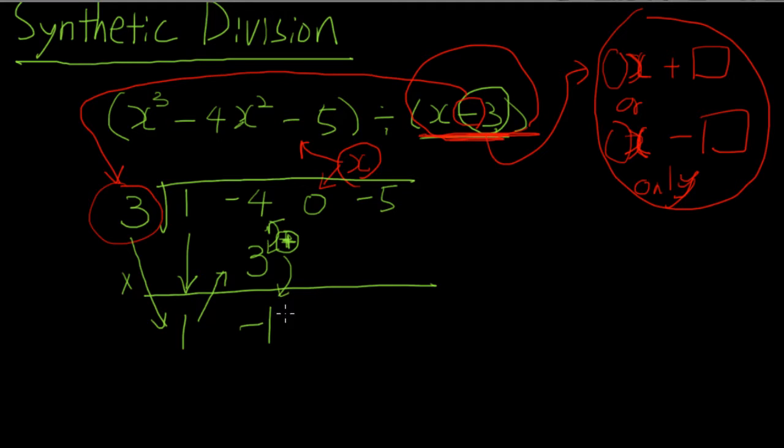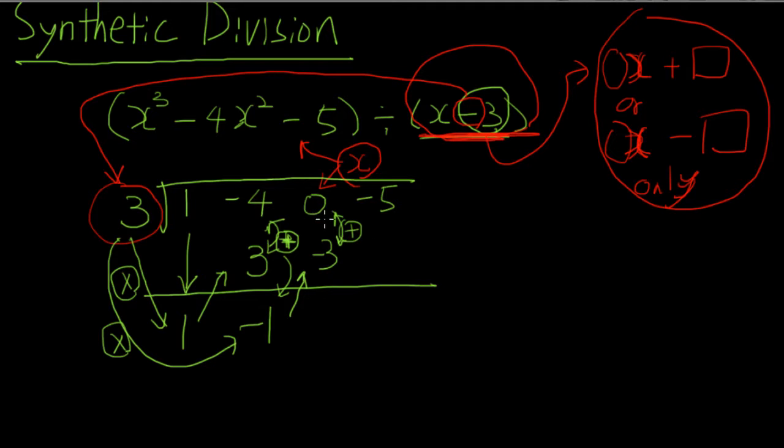You add and put it right there. Now what's next? We're going to multiply again. Multiply 3 to this number and put it right above here. So 3 times negative 1 is going to be negative 3. And what do we do with these two? Well, we add, right? We add.